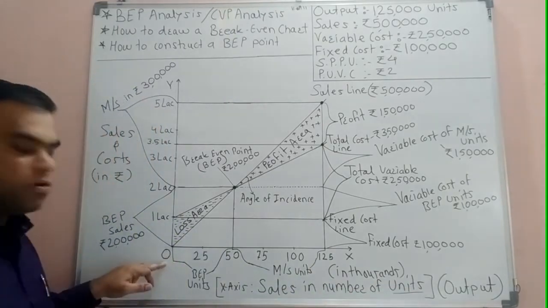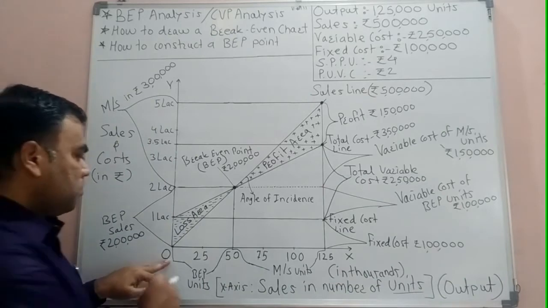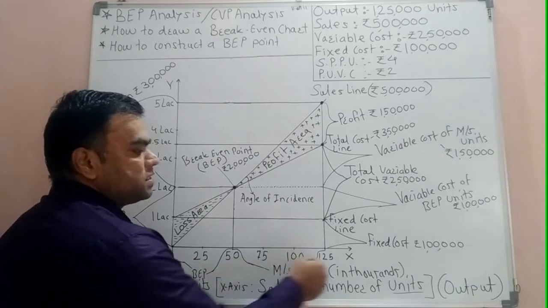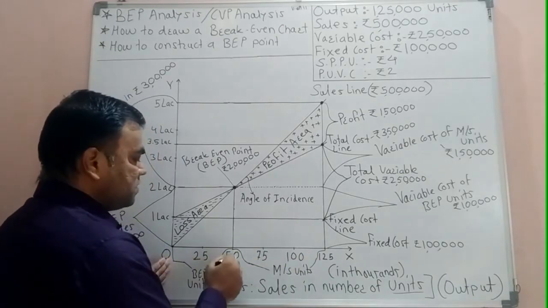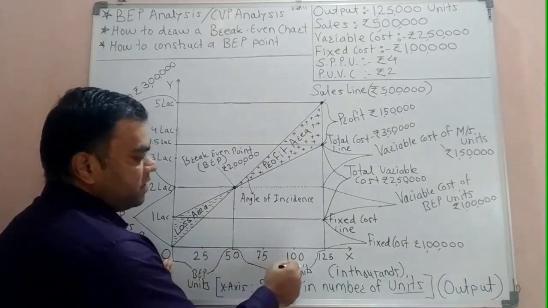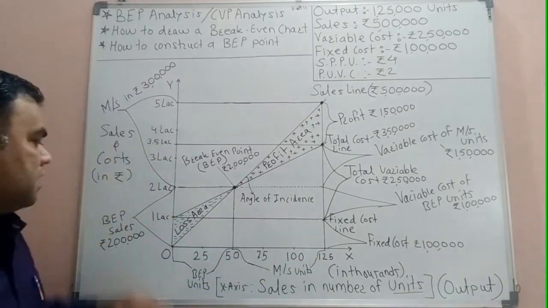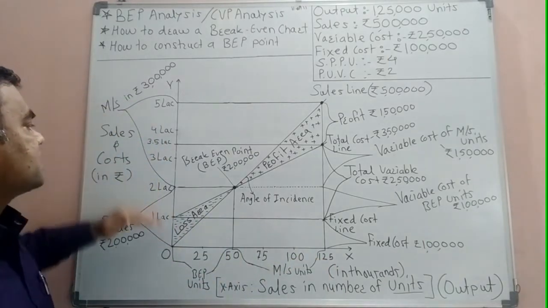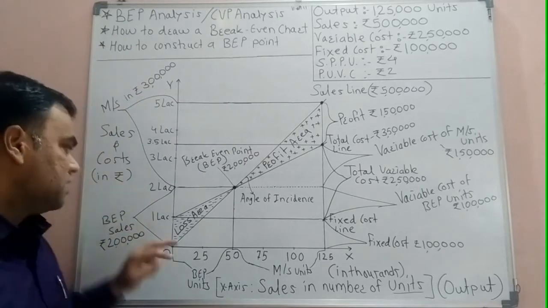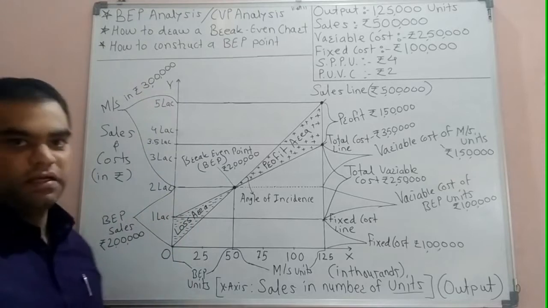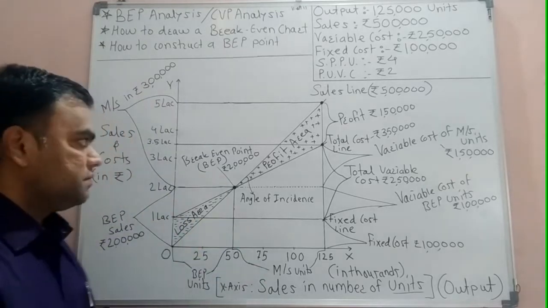This is 0, not O. 0 to 25,000, 50,000, 75,000, 1 lakh, 25,000, increasing number of units sold. Then on the y-axis, sales and costs in rupees, 1 lakh, 2 lakh, 3 lakh, 4 lakh and 5 lakh.